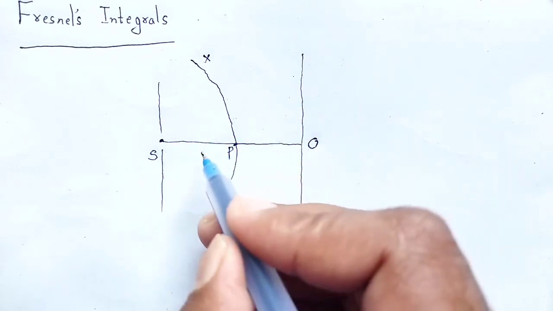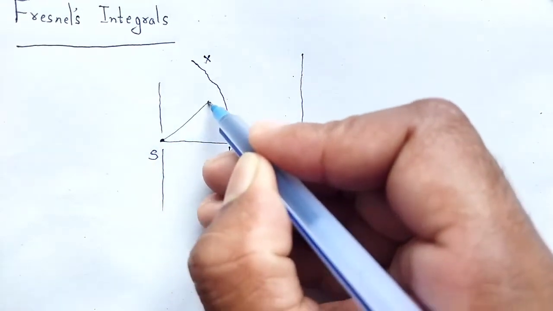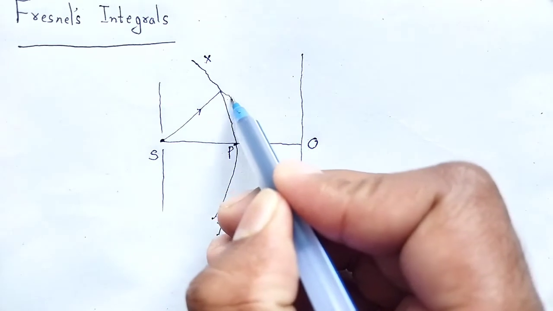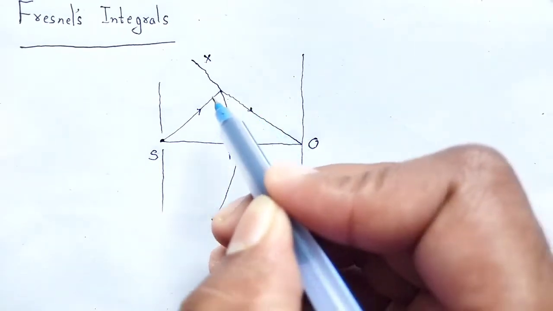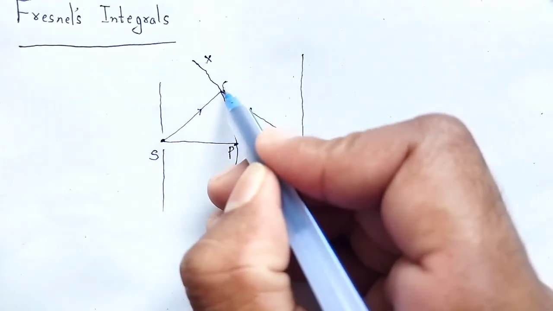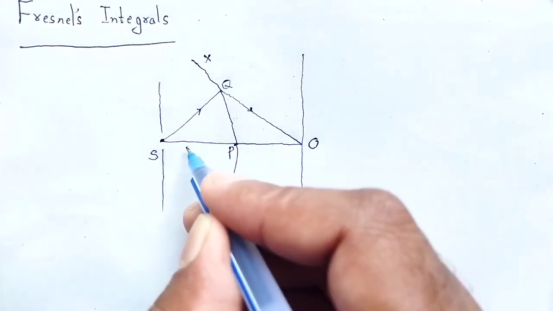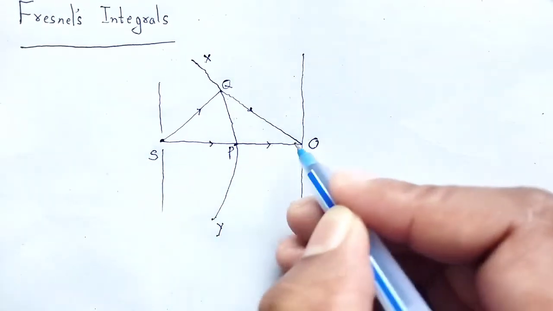The light ray travels in this direction, through point Q, and another light ray travels in this direction.